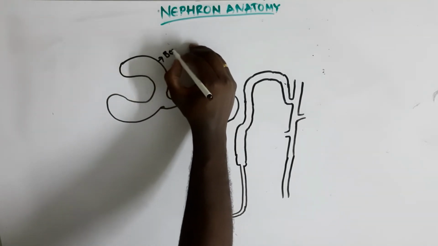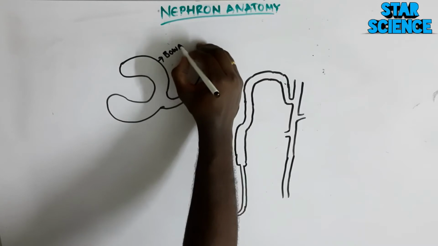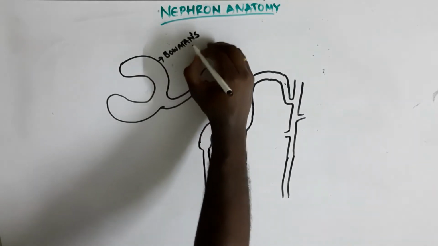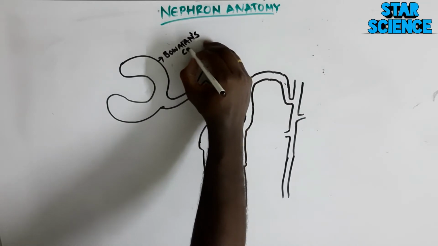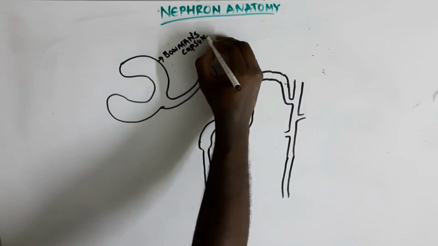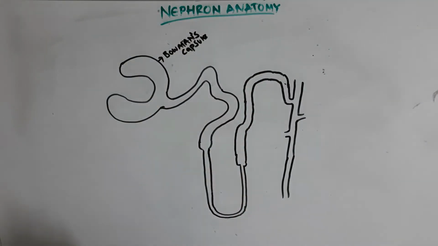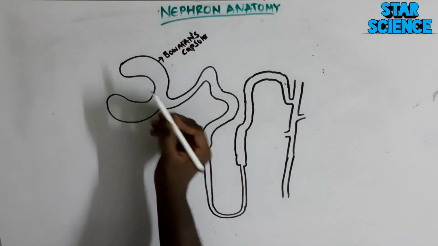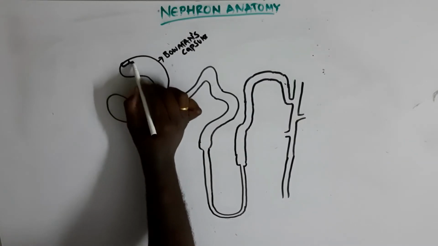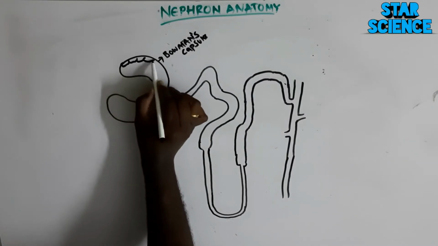It is called the Bowman's capsule, and its outer region is made up of certain cells called the parietal epithelial cells. The part I am drawing right now is called the parietal epithelial cells.